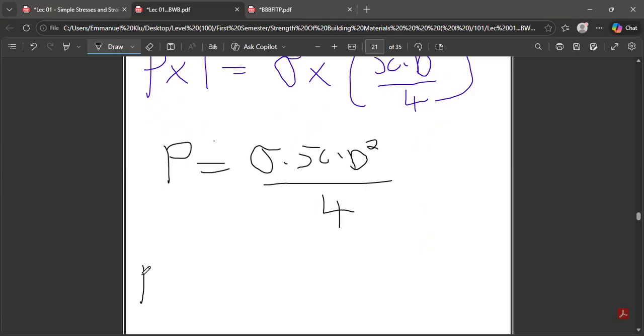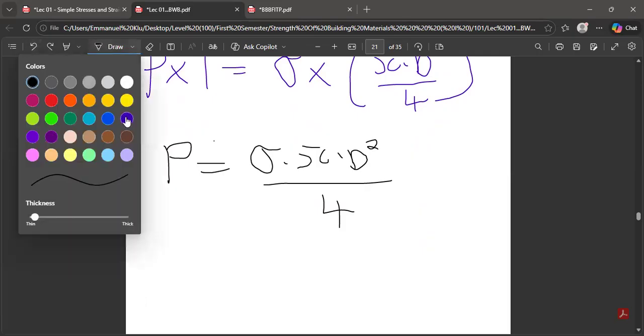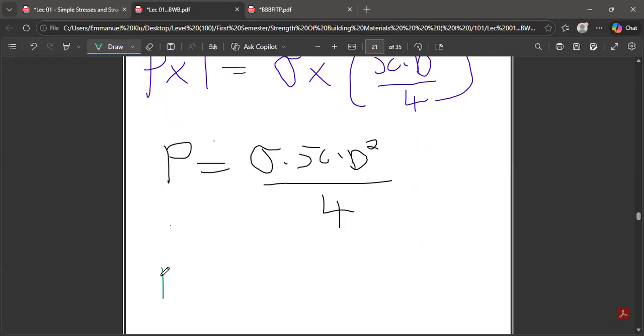The P is going to multiply the 4. Let me quickly use a different color pen for viewer purposes. So P times 4 is equal to our stress times pi times the diameter squared.